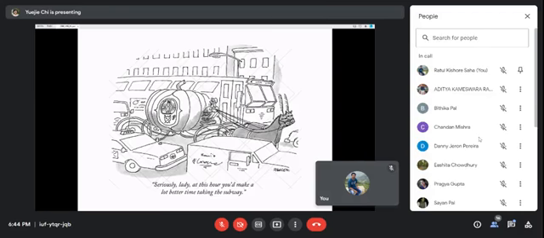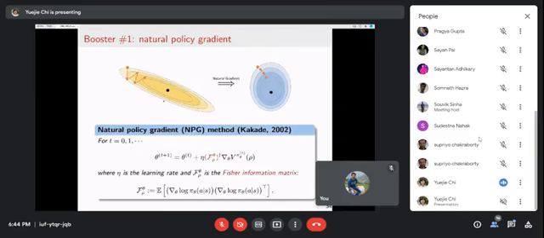So we want to boost up the convergence of PG. So how do we do this? The first booster we'll be looking at is this natural policy gradient approach, where instead of updating our parameter along the gradient direction, we'll look at a preconditioned gradient, where we precondition the gradient by the inverse of the Fisher information matrix.